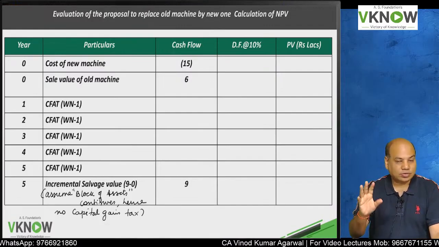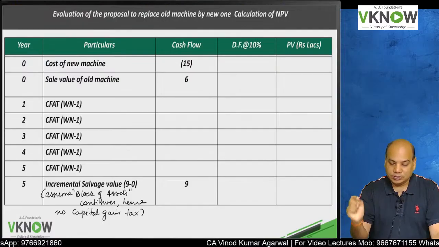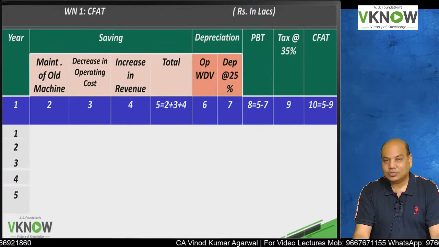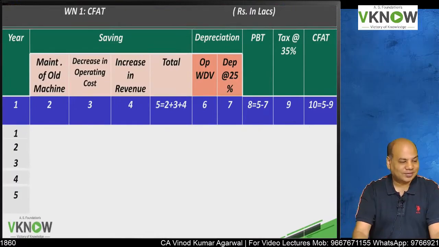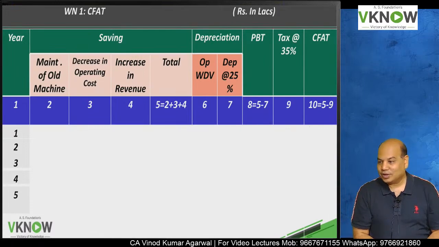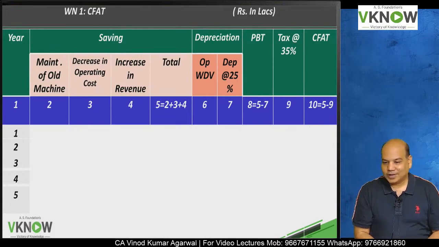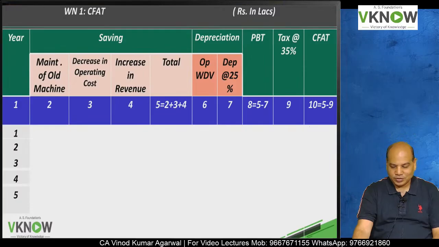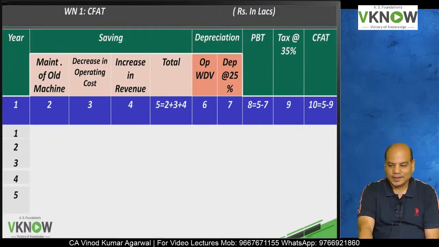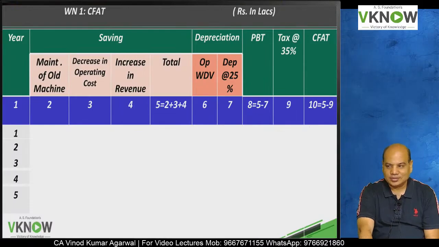So what is my main task now? My main task now is to find CFAT. We'll prepare a small table, only 10 columns, not more. Write down working note 1, CFAT, rupees in lakhs.